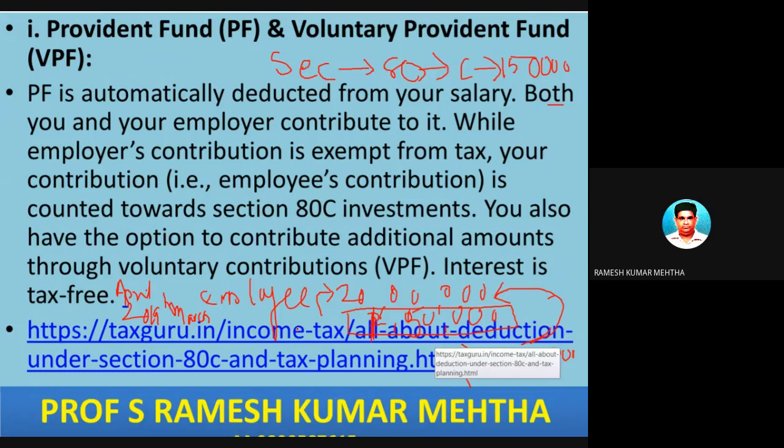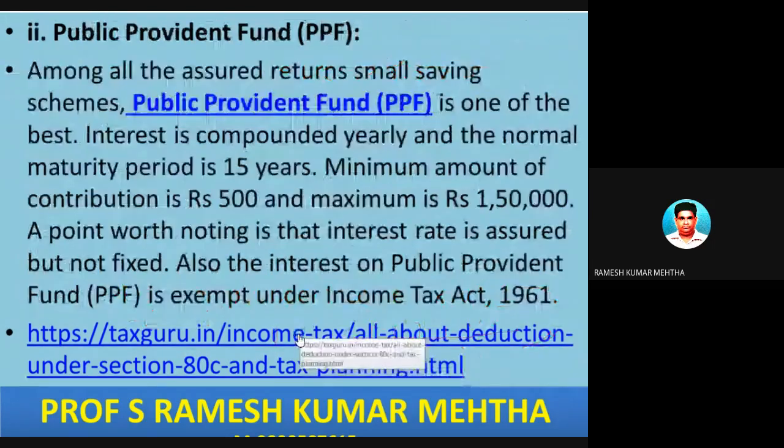You get deduction to the tune of 1.5 lakh rupees in aggregate in all the items under section 80C, 80CCC, and 80CCD. Number two item under section 80C is provident fund, public provident fund. Any person, whether he's a farmer, a salaried person, an entrepreneur, a businessman, or a politician, whatsoever may be his profession, can invest in a public provident fund.